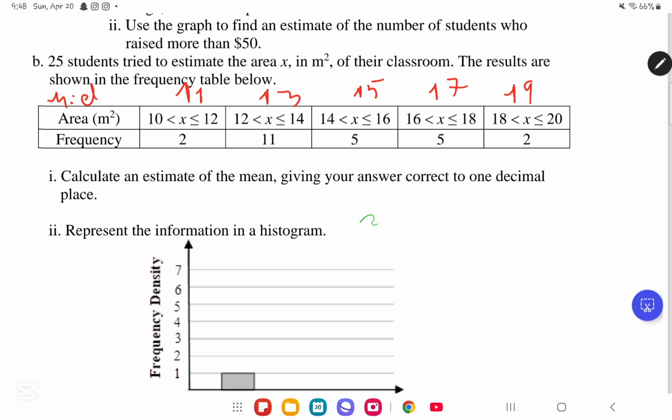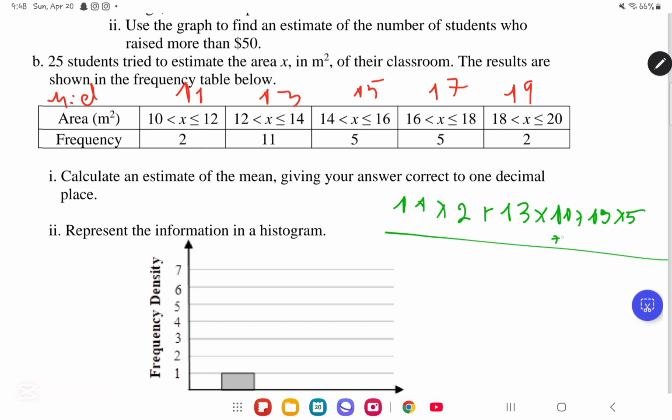To find the mean, it's the mid times the frequency. So 11 times 2 plus 13 times 11, and so on, all of it over the total frequency, which is 25. You will put it on your calculator and get an answer of 14.52.